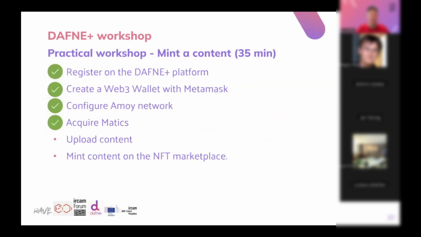Right. So now we have currency, we have money, let's say, which is free money again. And we will use this money to upload the content on the platform and to sell it on the marketplace.